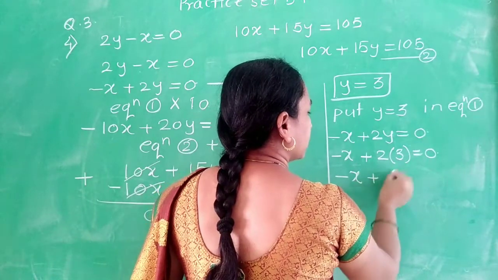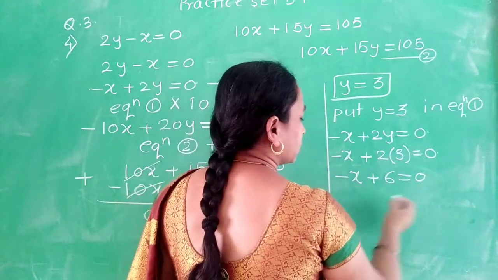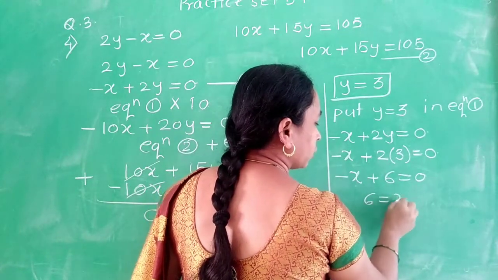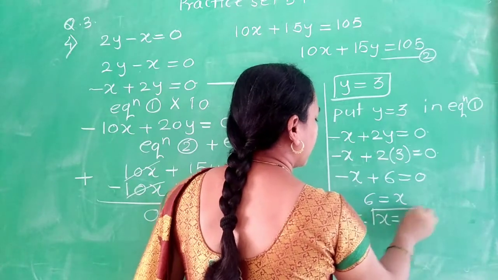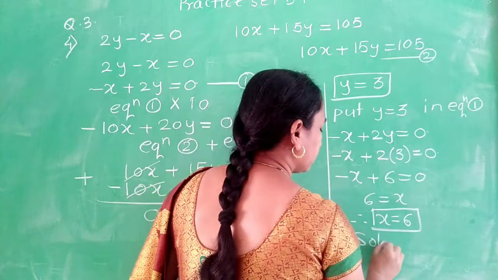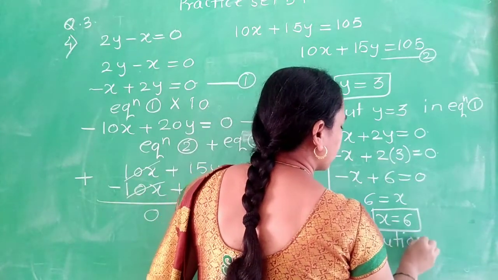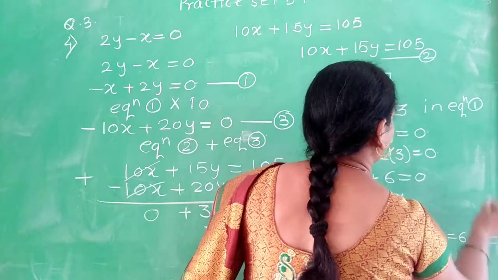Minus x plus 6 is equal to 0. x transferred on that side, so 6 is equal to x. Therefore, x value is 6 and y value is 3. So the solution is x is equal to 6 and y is equal to 3.